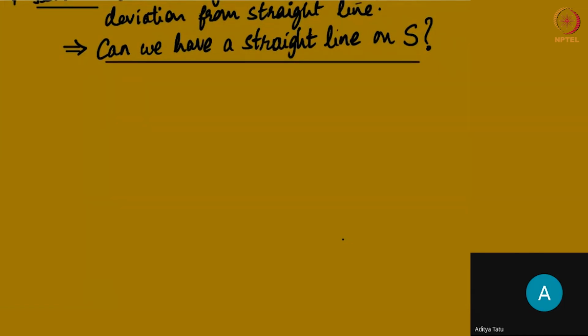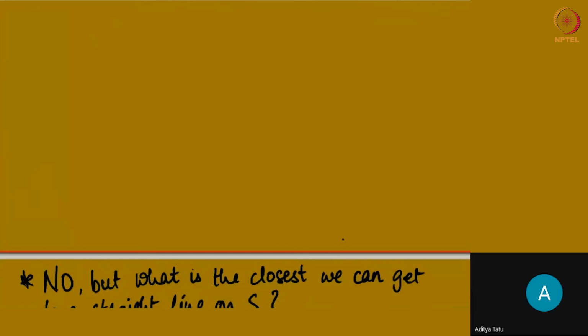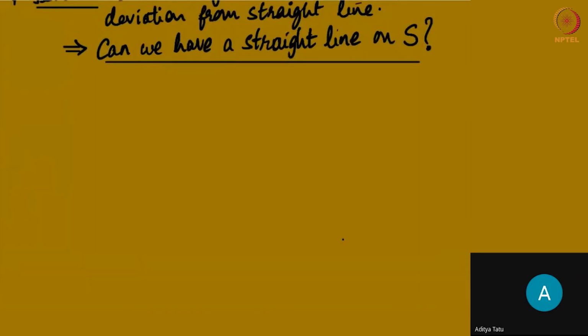Anyone? Can we have a straight line? Let's take a simple example. Our Earth, let's assume it's a sphere.